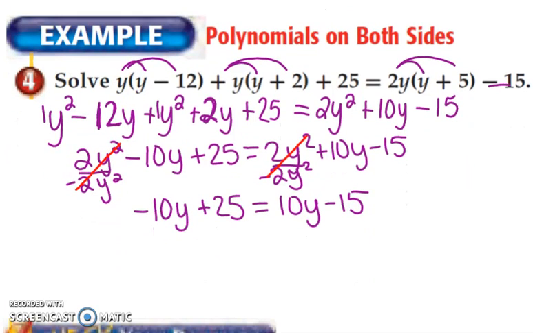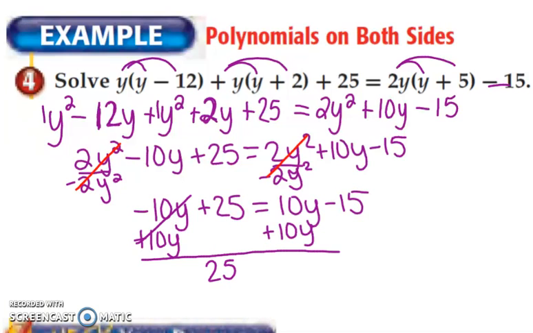So now I can add 10y to both sides to get rid of that negative 10y over here. I bring 25 down, and it's equal to 20y minus 15. Looks like I'm running out of room. So I have to add 15 to both sides.